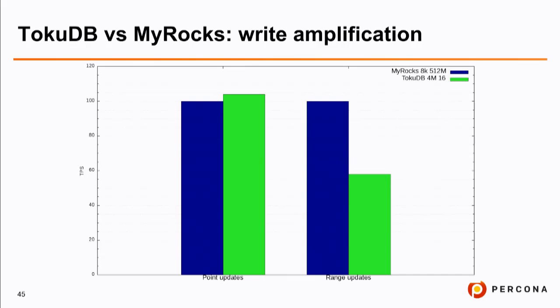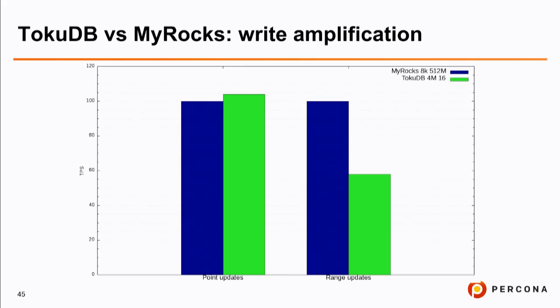This is very suspicious, because what's going on there? We could say that TokuDB is better than MyRocks and say that we are cool. But if we try to explain this, why? What happens there?